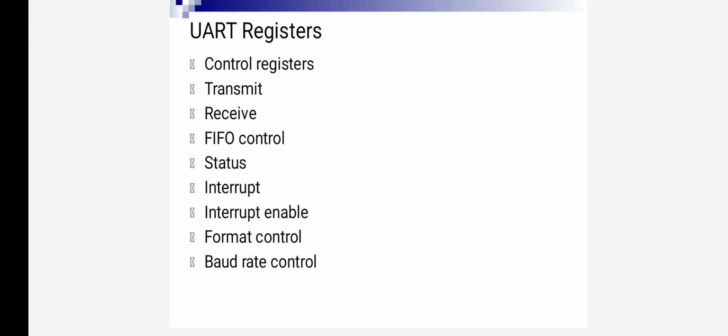Format control register and baud rate control register. The baud rate control register records the baud rate at which the system performs its operation. The baud rate at which transmission and reception is performed is controlled by the baud rate control register, and it is governed by the baud rate generator.